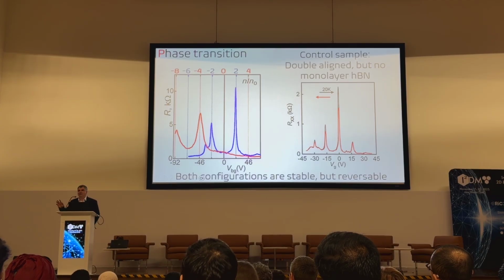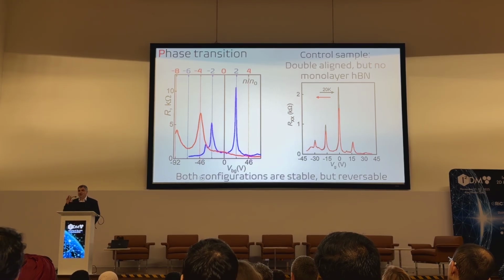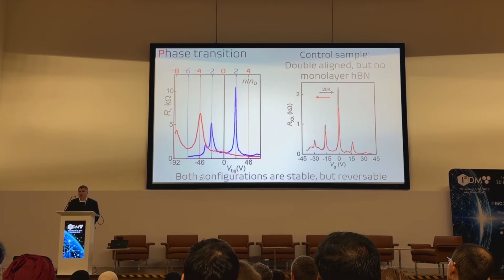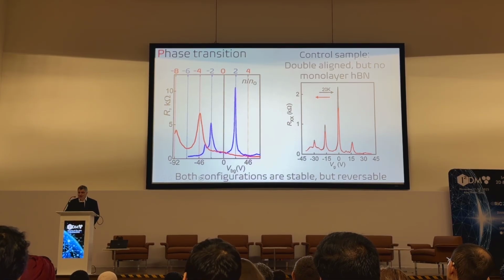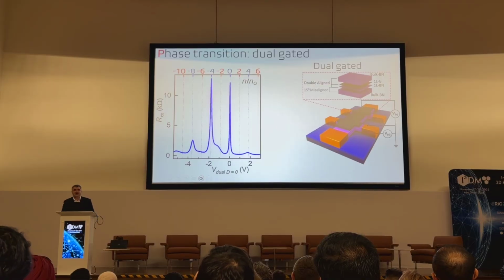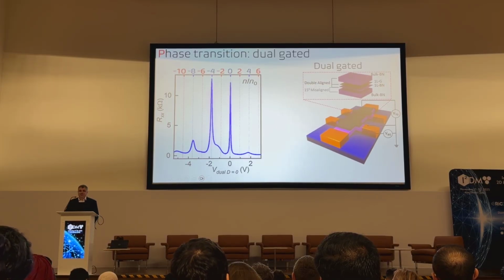We don't have any of this strange effect, no doping, nothing, no transition, with very sharp Dirac peaks, so very high quality, high mobility devices. So we do know how to produce. It's a real effect which is associated with this double alignment and the presence of the monolayer hBN.